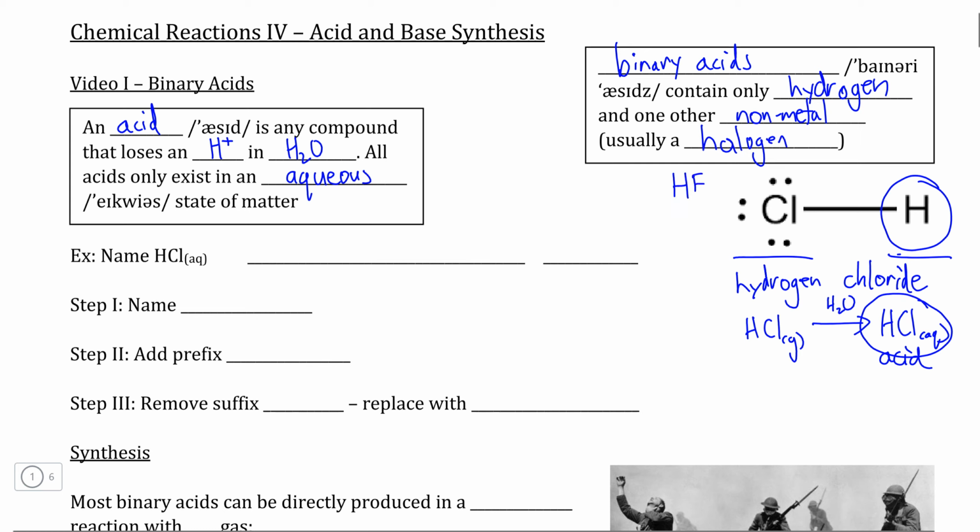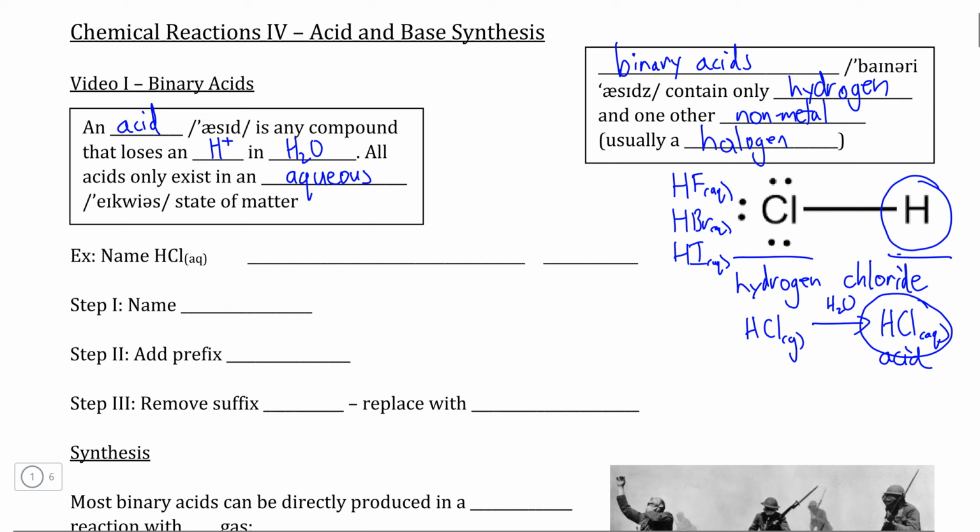So, for example, HF, HBr, and HI are all acids that contain a halogen as the second element, and all of these would be considered binary acids as long as each of them is dissolved and allowed to react in water.